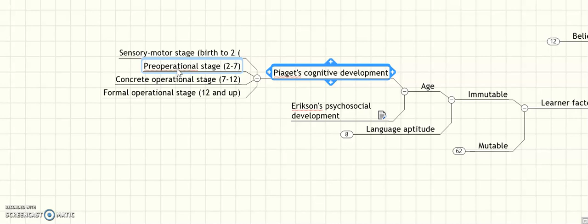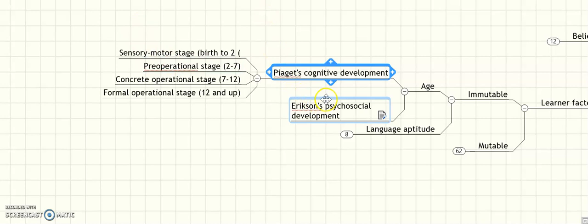So this is why it is necessary for us to understand the cognitive development as part of the immutable learner factor.